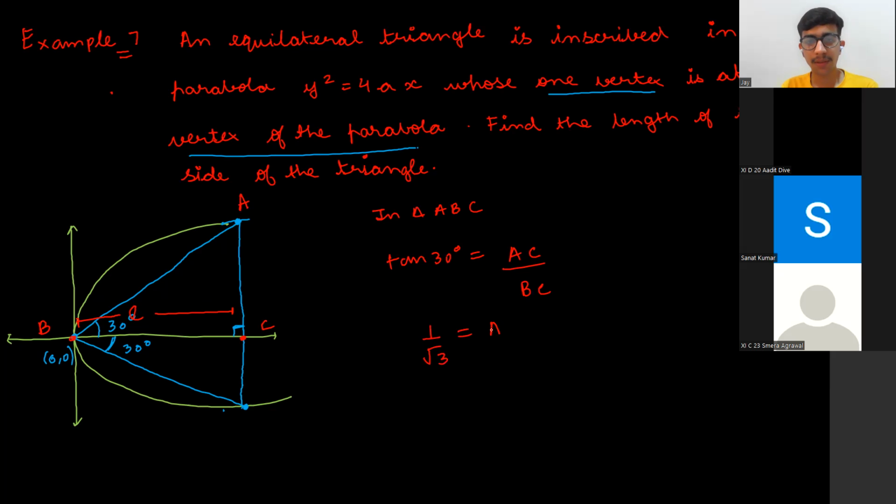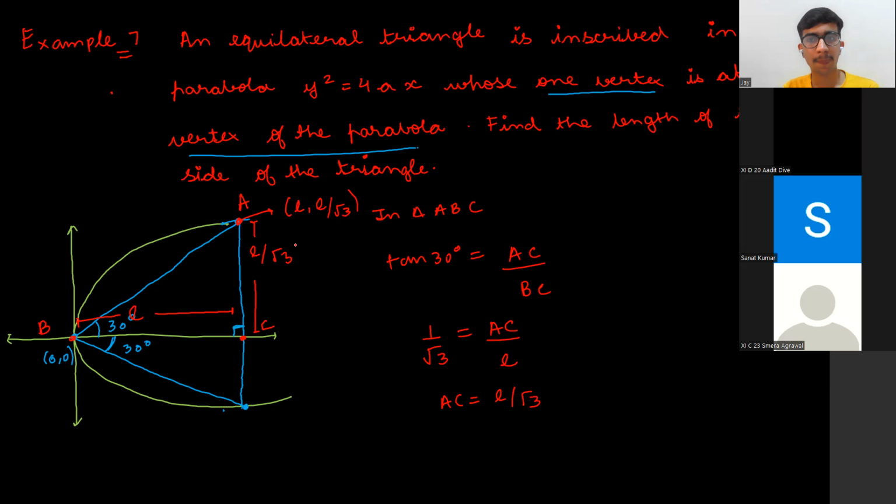So 1 by root 3 is equal to AC over L. So AC is equal to L by root 3. So this particular length is L by root 3. The distance from the y axis is L, and from the x axis L by root 3. That means this point will be L comma L by root 3. Any doubt till here?